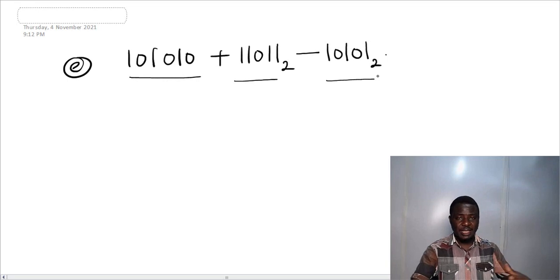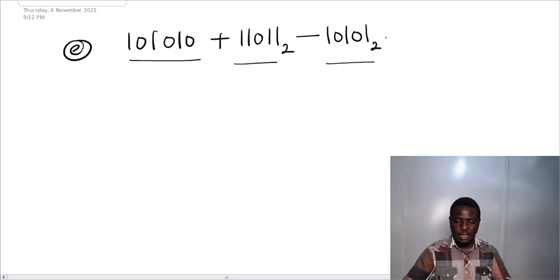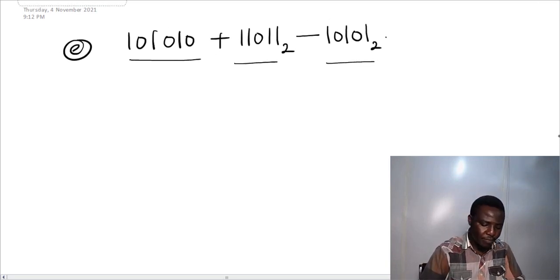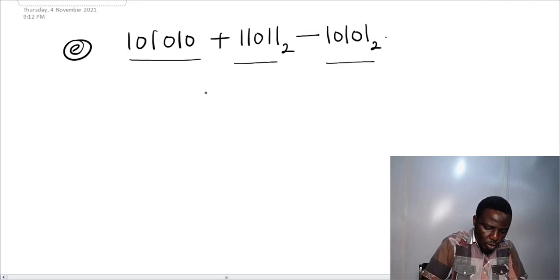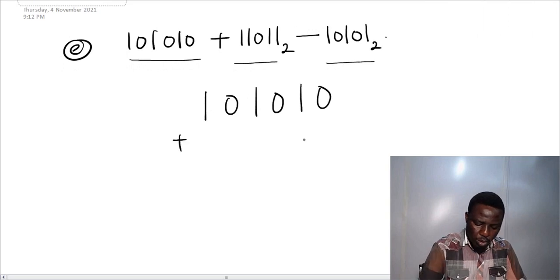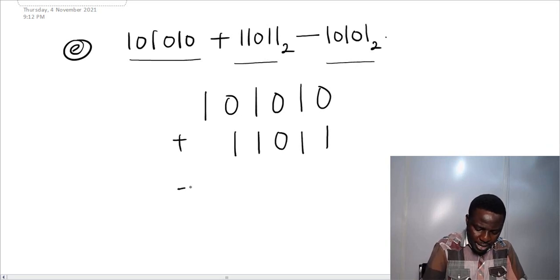Or you can just take the 3 together and you will still arrive at the same answer. That is 101010 plus 11011 minus 10101.